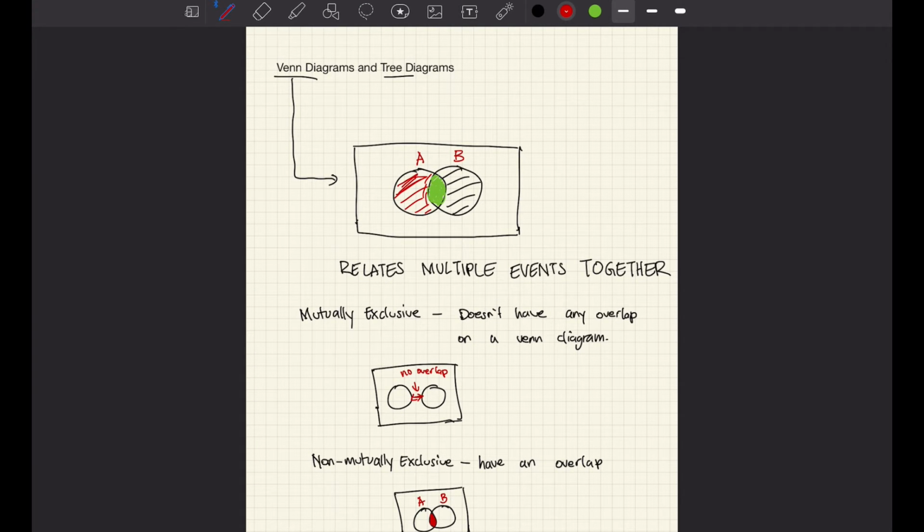So now, using this, we can figure out the probabilities of A and B, and A and B by themselves with data, of course. And if you're ever told information about mutual exclusiveness or non-mutual exclusiveness, then you can picture or draw a Venn diagram to illustrate that to help you solve the probabilities.